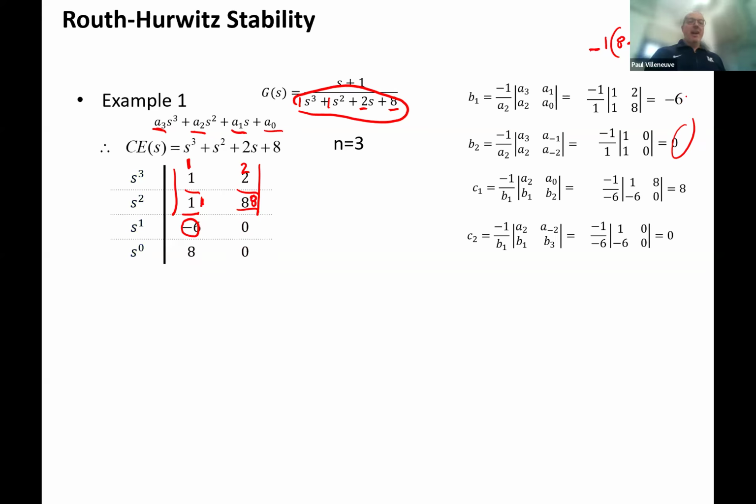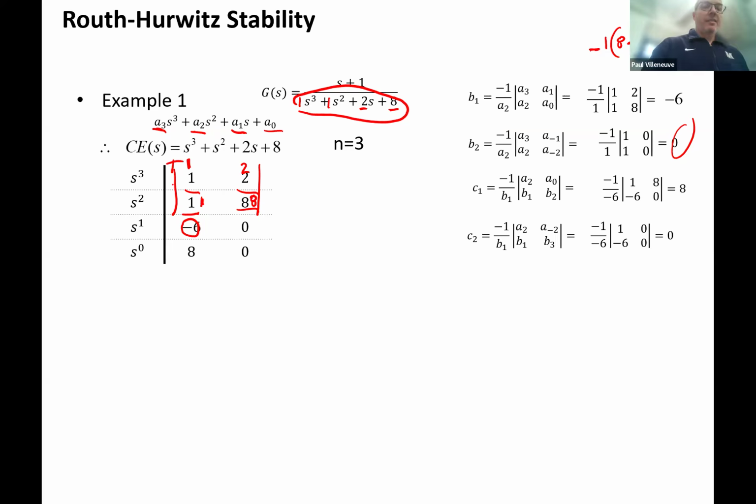0, 0. How many sign changes in the first column? Everybody agree there's one sign change? Anybody agree? I don't agree.